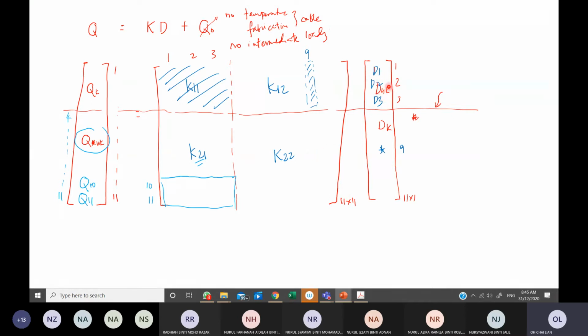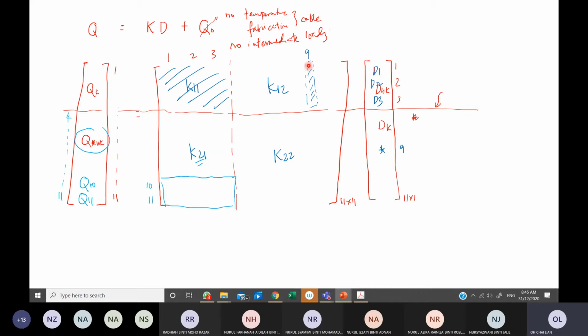Even though this DU we want to solve, if there is some value at DK, for example, let's say at row number 9, DK has a value like support settlement or support uplift, let's say 2 mm. When this row 9 has a value, you need to also take this column number 9 at the region K12.